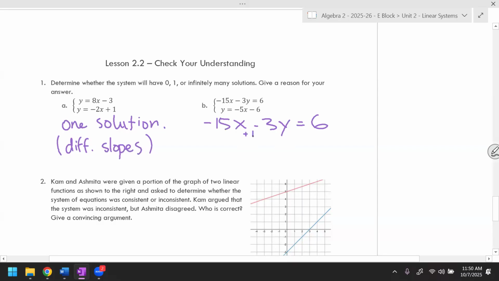You added 15x to both sides. So you got negative 3y equals 15x plus 6. And then what? You divided both sides by minus 3. Y equals negative 5x minus 2.